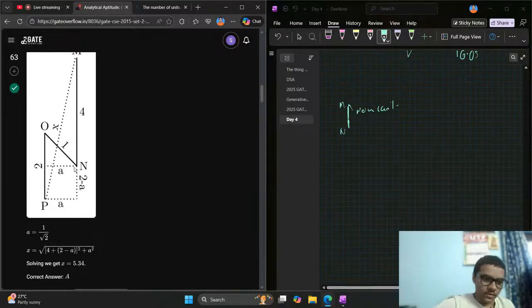How can you say this is a square? 2 minus CA. Wow.